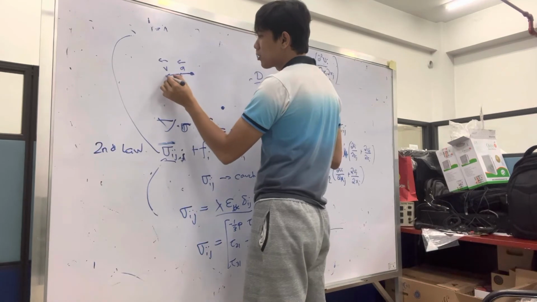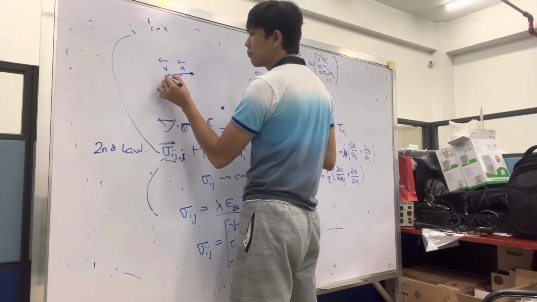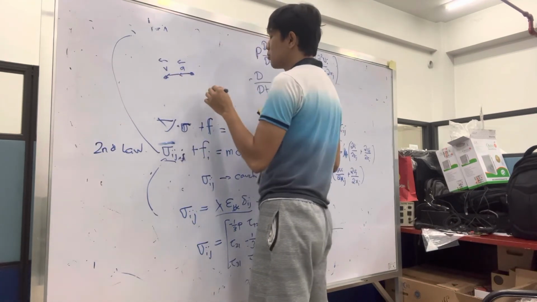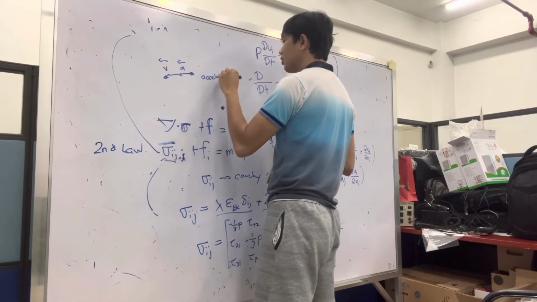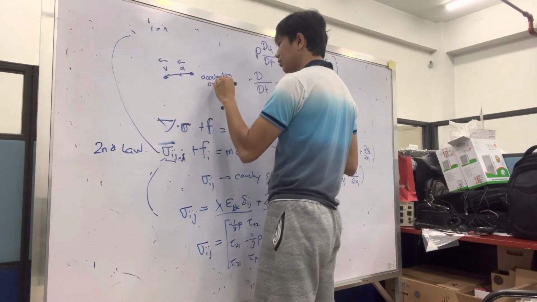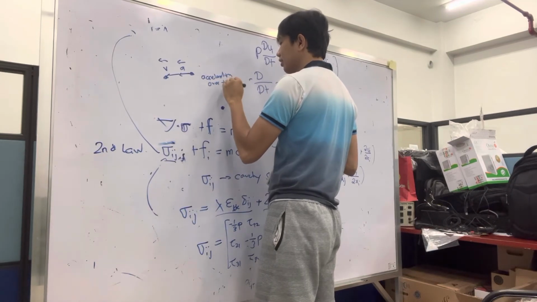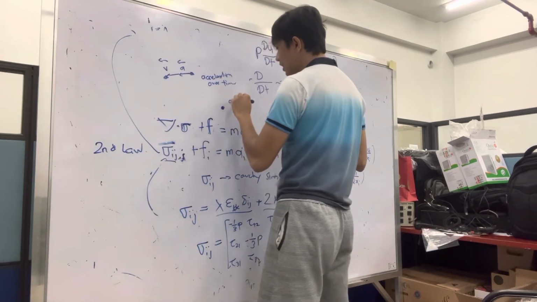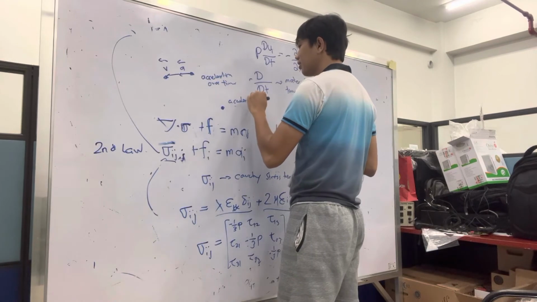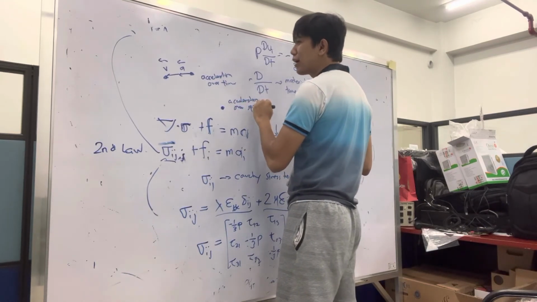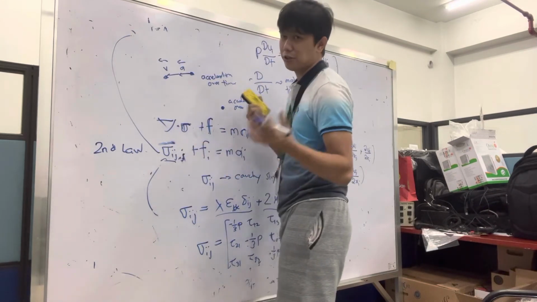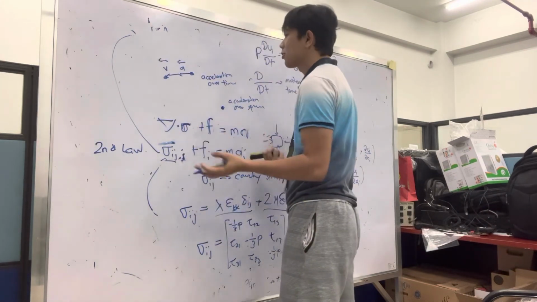Kasi ito, nagbago siya ng position after some time t here. So, meron kang acceleration over time. Tapos meron ka ring acceleration over space. So kung ano ba meaning ng acceleration? Yung change in velocity across space.